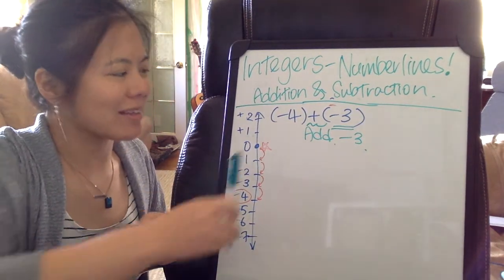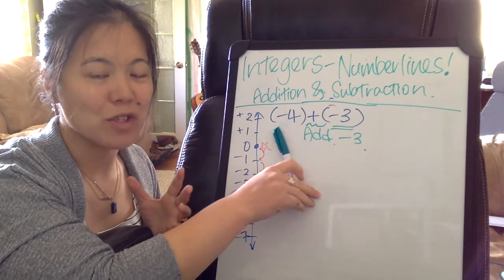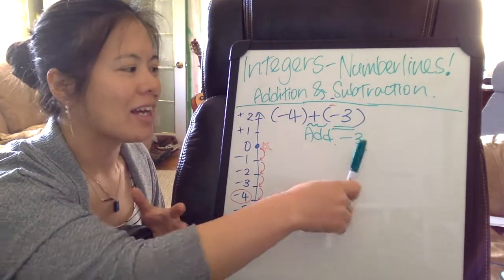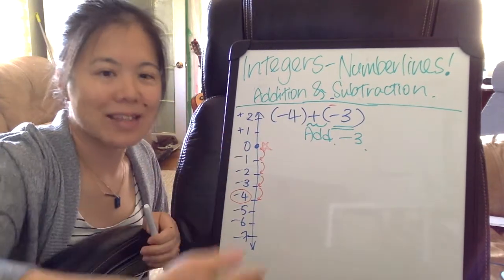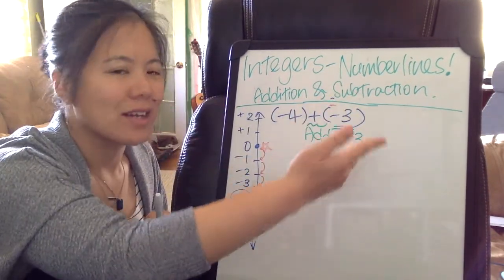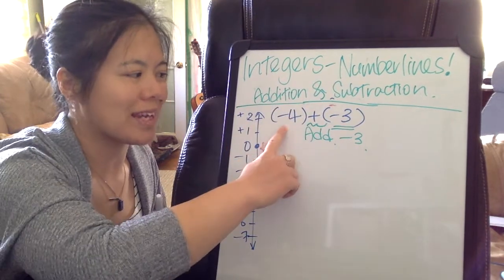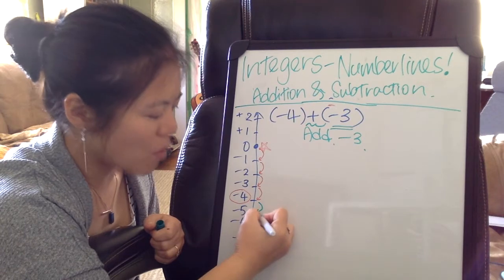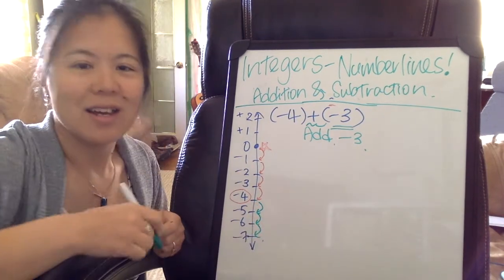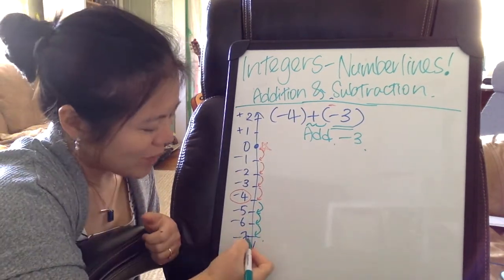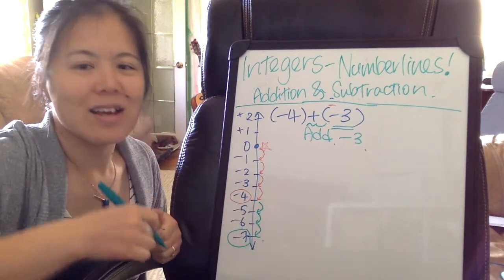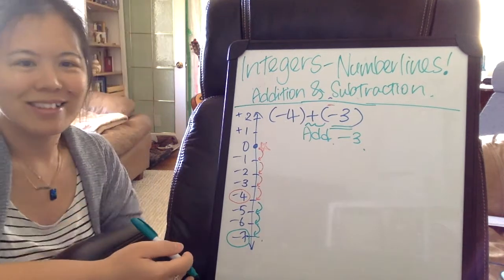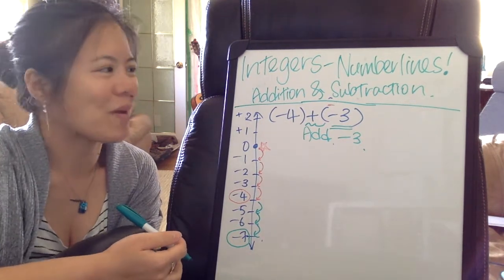So now the temperature went down to -4 degrees overnight, and it got colder, so you're taking 3 steps downwards from the -4. So what does that mean? That means you're taking 3 more steps downwards, which will leave you at -7. So that means the current temperature is -7 degrees. Like t-shirt weather for some, right?